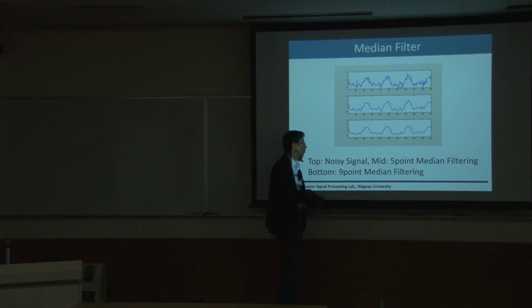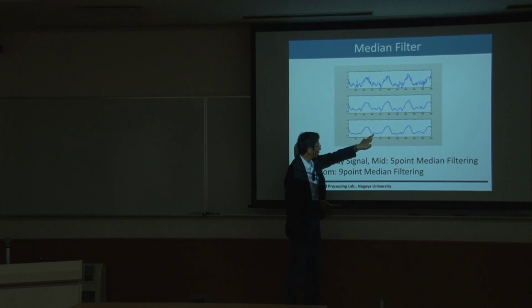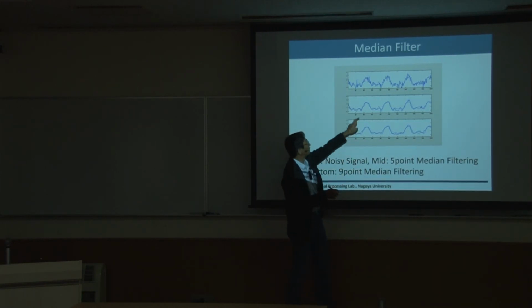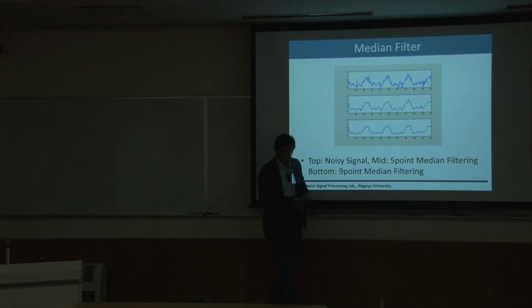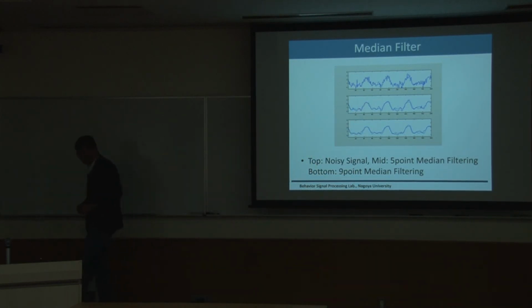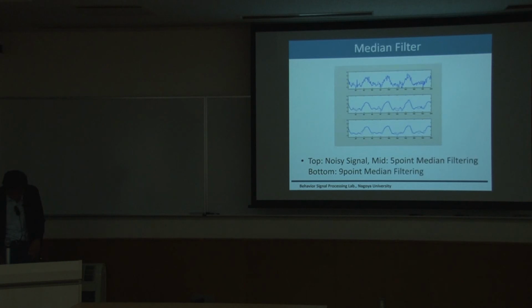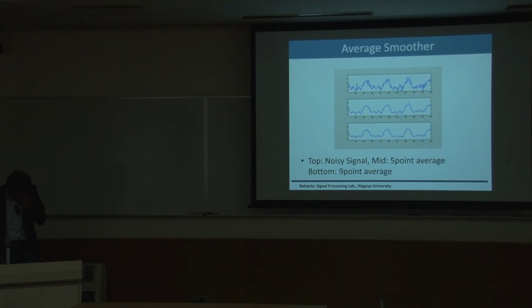Therefore, if you also like to preserve the fine structure of the original data, you have to cope with the trade-off between the relevance of the noise elimination and preserving the dynamic component of the original signal. And this is the simple averaging smoothing. How do you see the difference? Well, it doesn't change a lot, almost the same result.